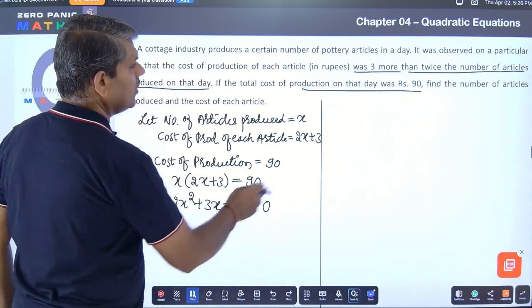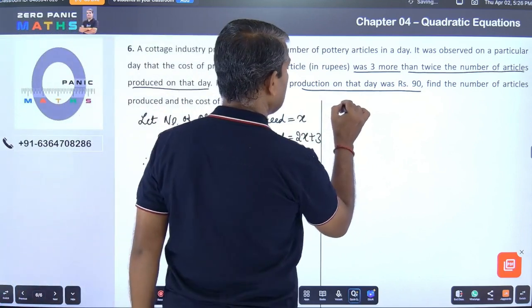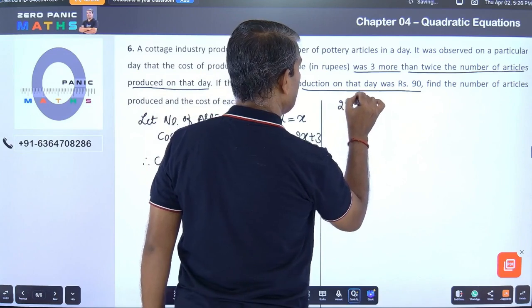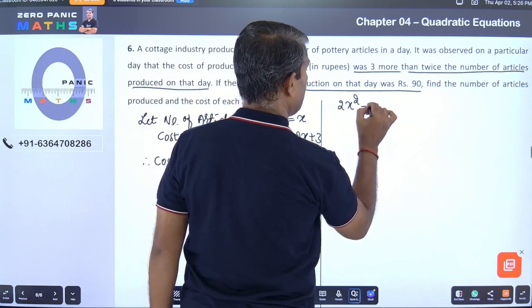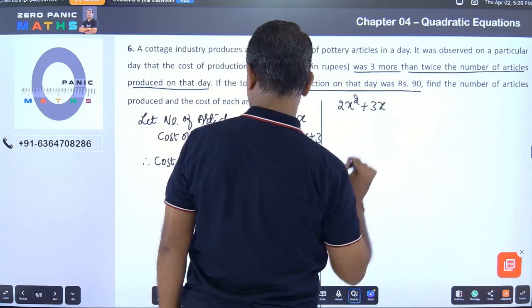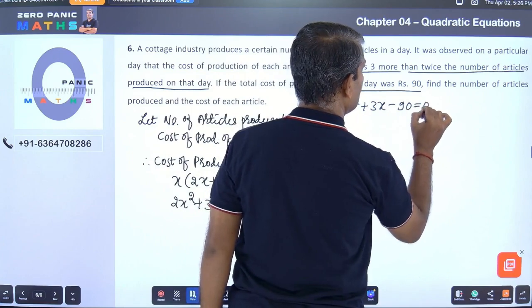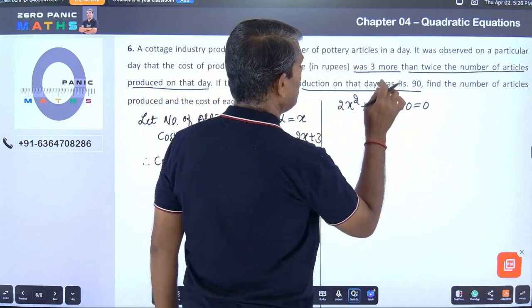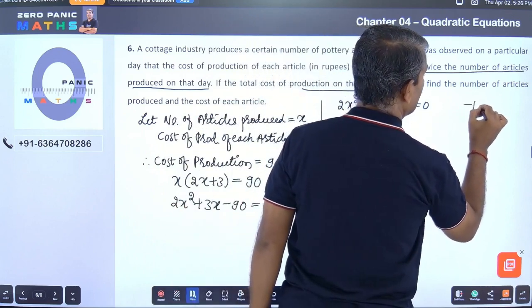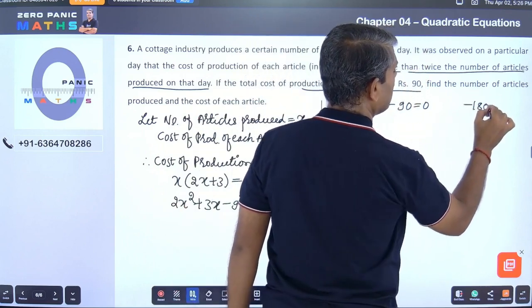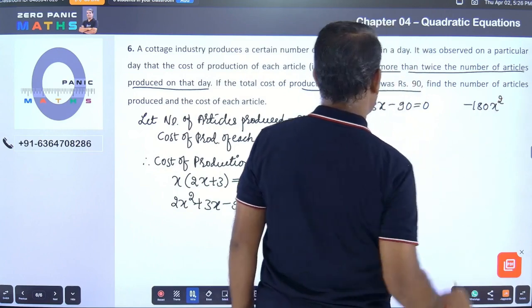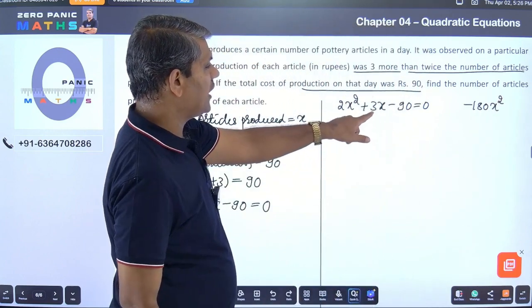Now let me write that here. 2x square plus 3x minus 90 is equal to 0. So 2 into minus 90 is minus 180, x square, and the sum that we want is 3.